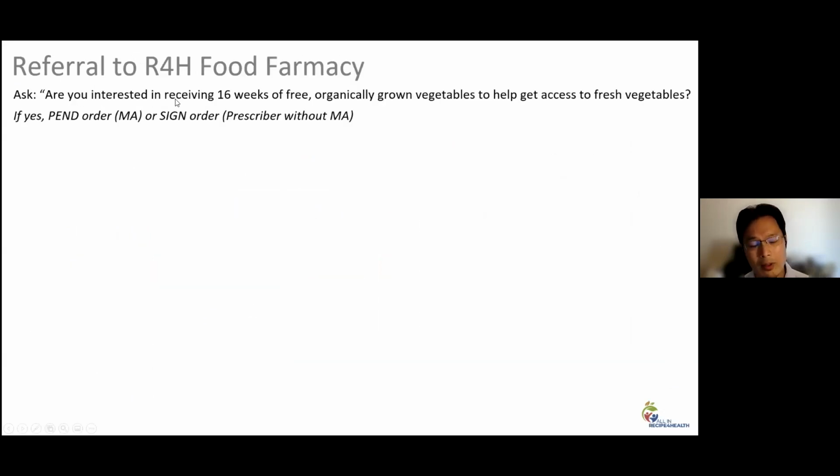It sounds like you're having difficulty getting access to food or getting healthy food on a budget. Are you interested in receiving 16 weeks of free organically grown vegetables to increase access to these fresh vegetables? If they say, no, I really don't like to cook, I'm homeless, whatever, then no need to pend or sign the order. Does that answer your question, Gloria?